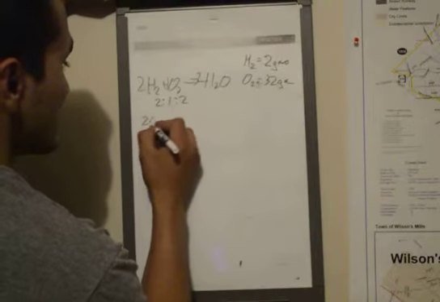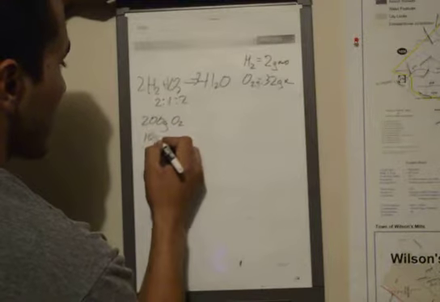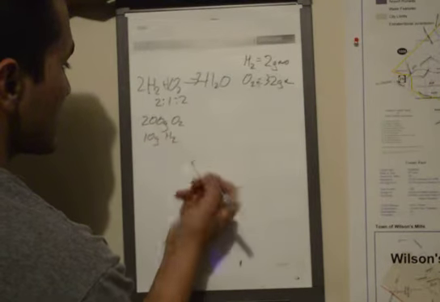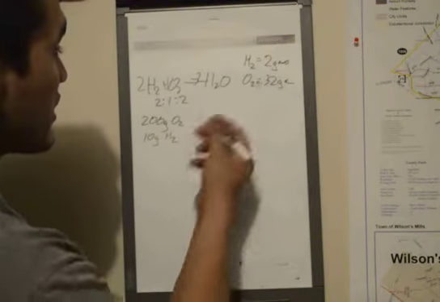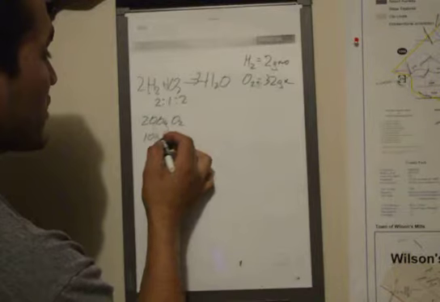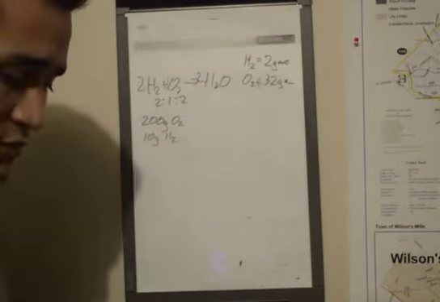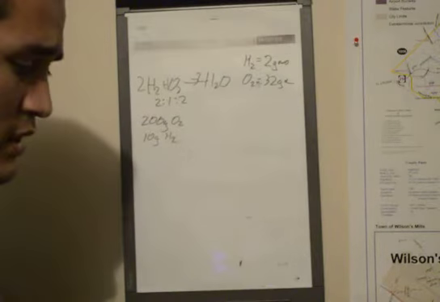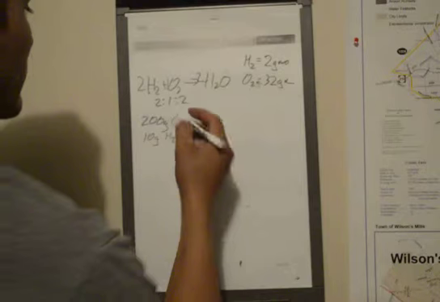So let's say you've got 200 grams of O2 and 10 grams of H2. You have to find out which one of these is the limiting reactant. In order to find that out, you have to find out how many moles of O2 are actually in 200 grams. You need your calculator, or if you're really good at math, you can do it in your head. I'm not, so I'm going to do 200 divided by 32, which is 6.25.